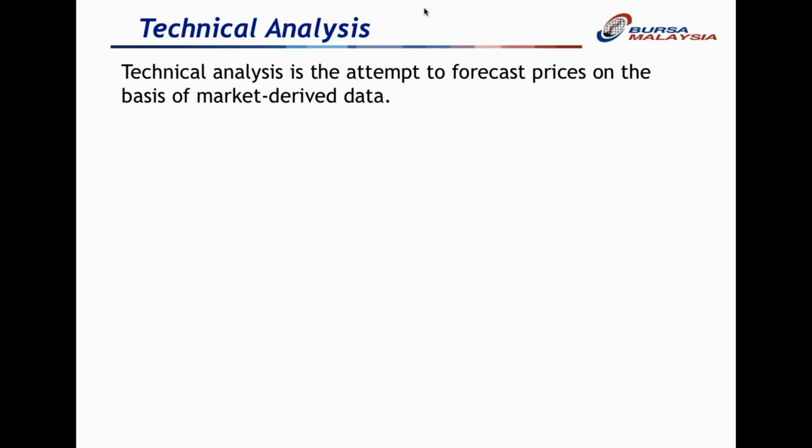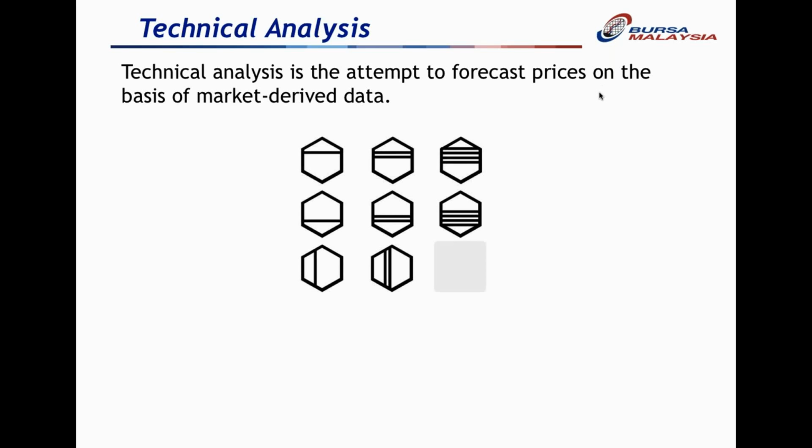All right, but there's another school of thought, which is technical analysis. Technical analysis is the attempt to forecast prices on the basis of market derived data. There are a lot of subsets, and by looking at this diagram, basically you try to see where the price will go by examining the historical data.